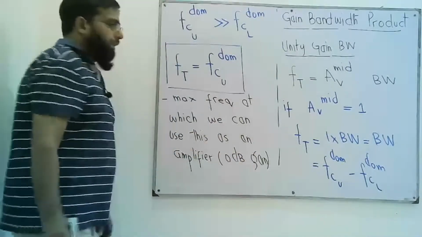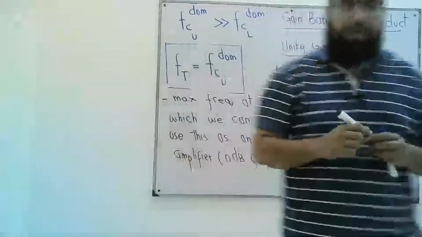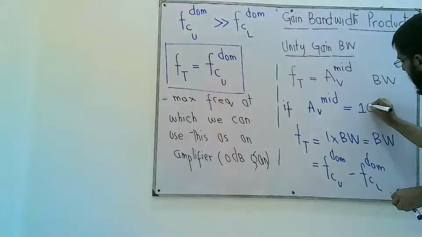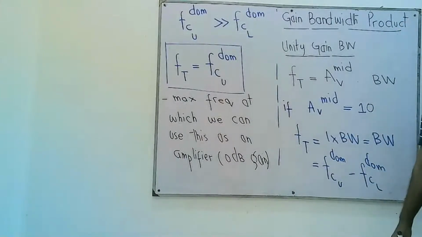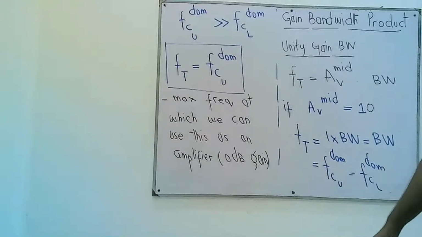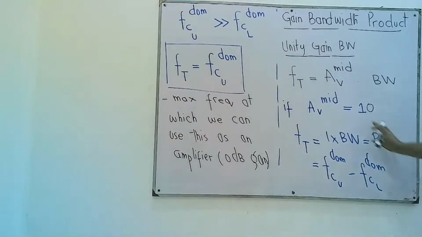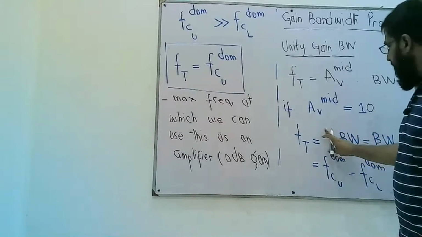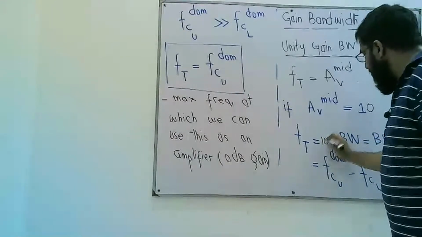But if we let AV be 10, or 20 dB, this means that AV is 10 here.